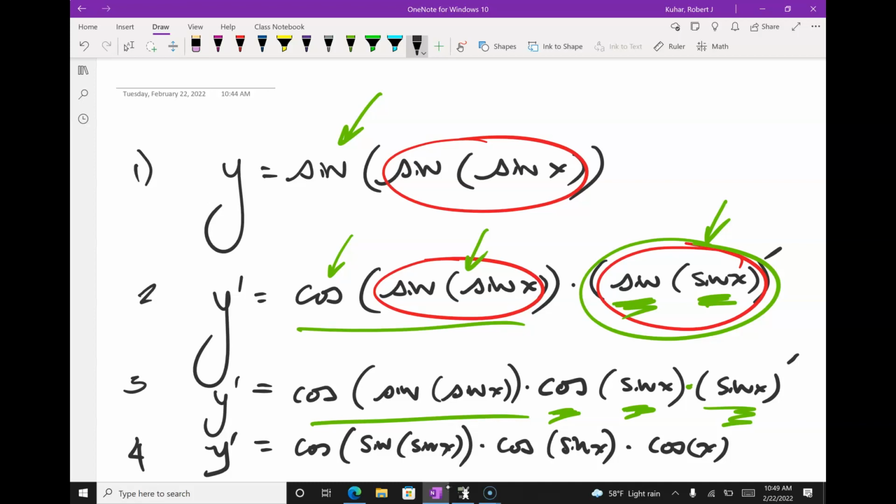So how many times am I going to take a derivative if I have an inside of an inside? I have to take the derivative of the insides at least twice, right? And if I look at this last piece, what's the derivative of the inside of that? 1. So do I need to go further? No.